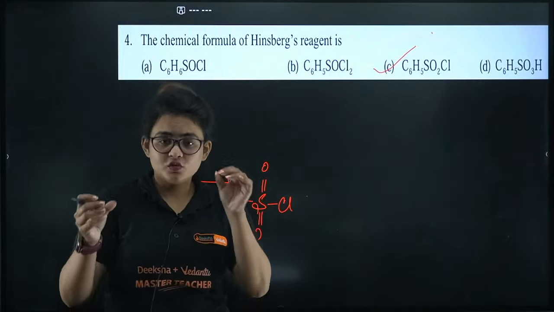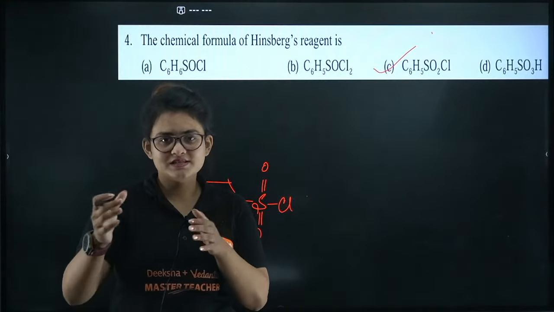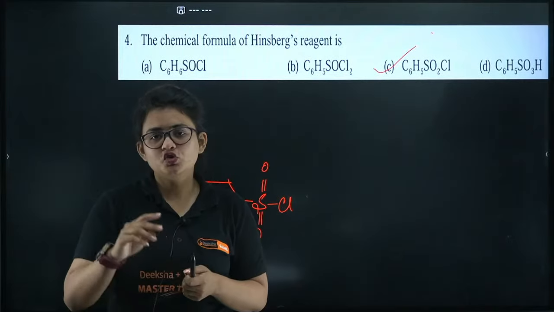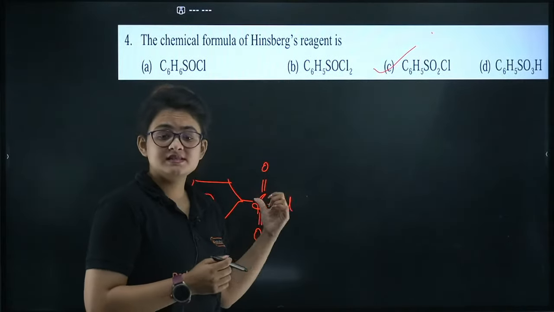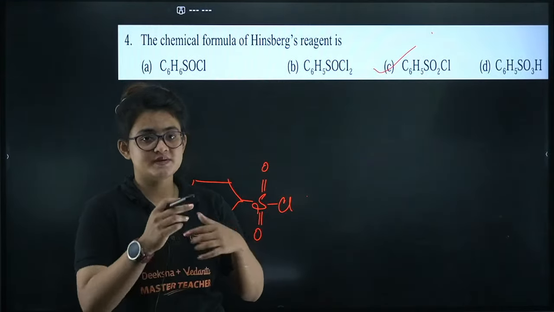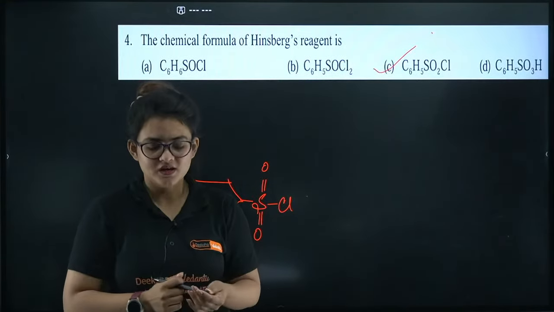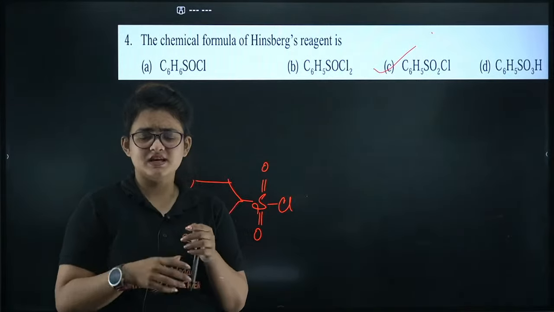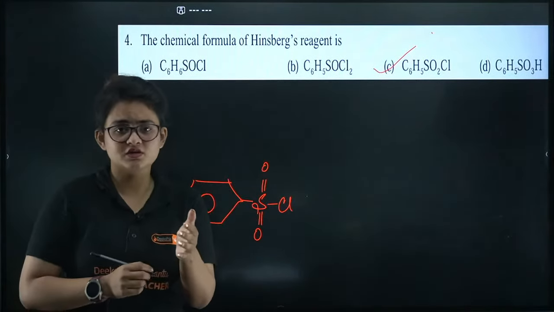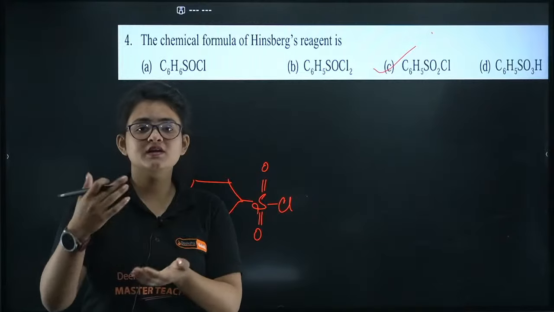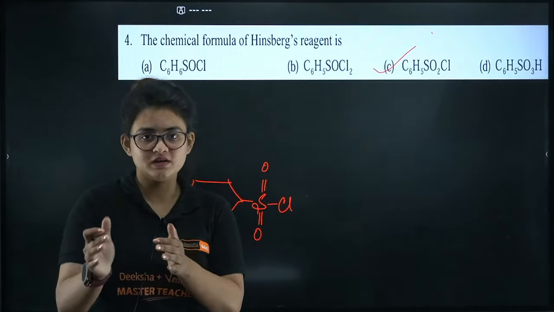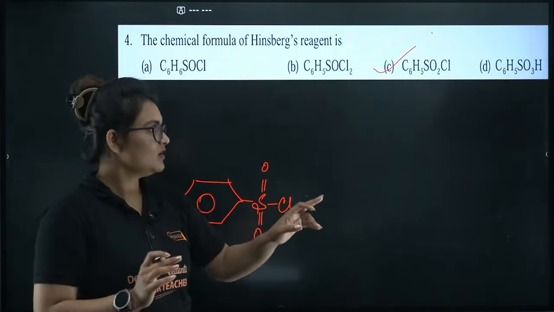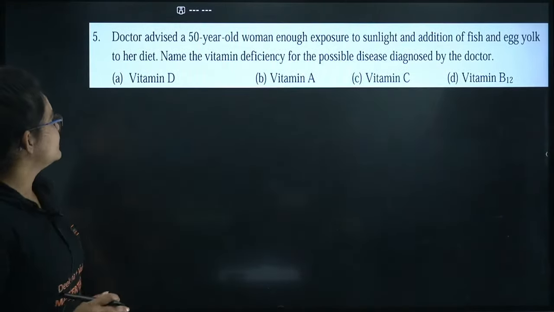They gave the name of the reagent, and among the options, like Lucas reagent, ZnCl2 and HCl, there were two options: one was benzene sulfonyl chloride, another was benzene sulfuryl chloride. These can be very confusing to you, sulfuryl chloride or sulfonyl chloride. This is sulfonyl chloride, so be careful about it. Let's proceed with this.